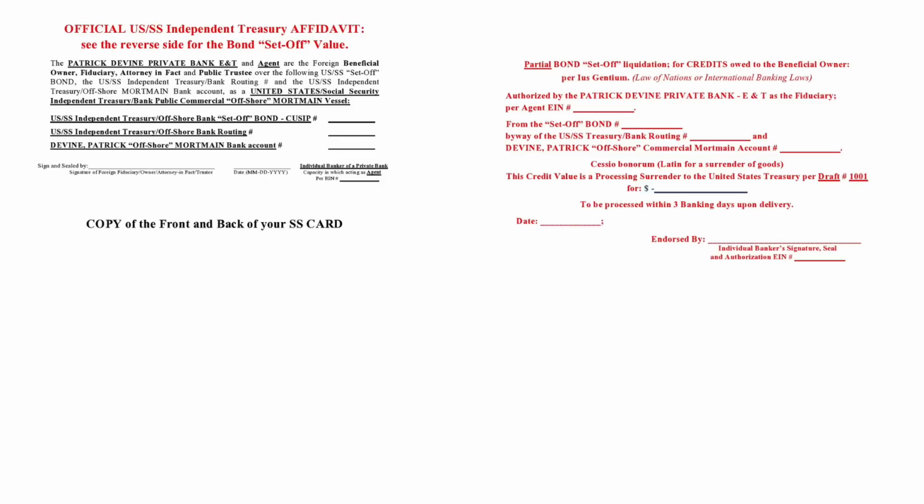Give them a damn bank draft against the Social Security. They've got the routing number. They've got the account number. They can process the funds right from there. Excellent. It's your account.